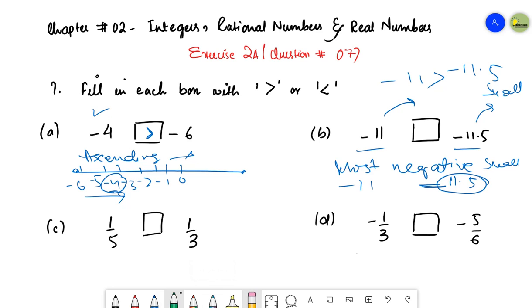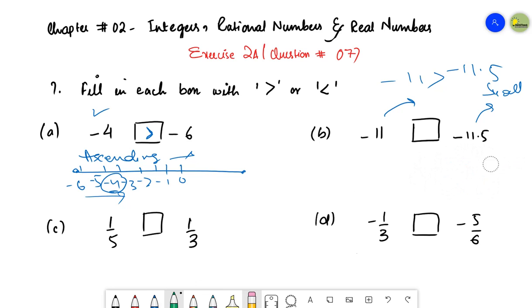So let's see these two numbers on a number line. Let's suppose this is my number line and this is -8, -9, -10 and -11. On a number line, -11.5 is going to be before -11.